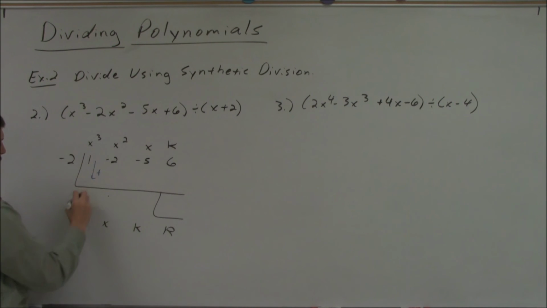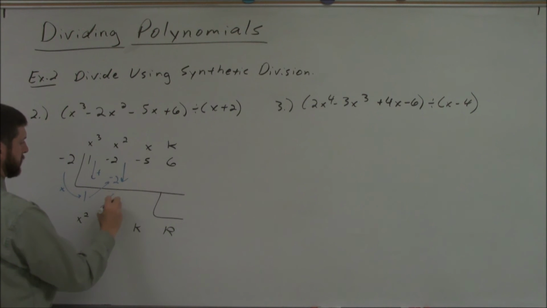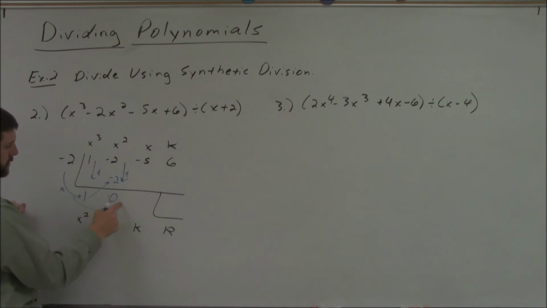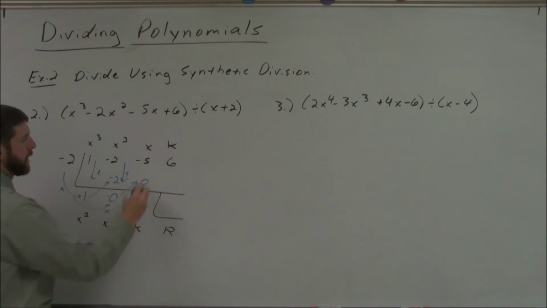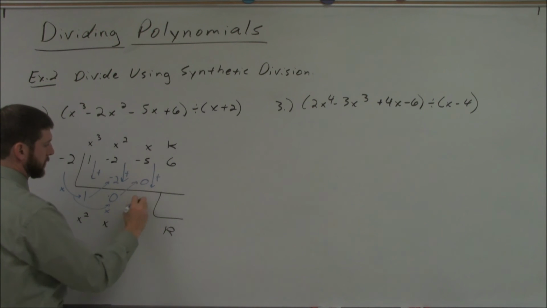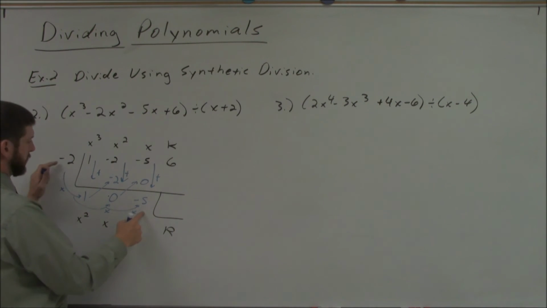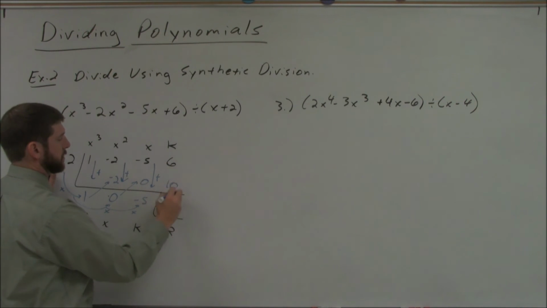Add the columns, get 1, multiply by the front, get negative 2. Negative 2 times 1 is negative 2. Add my column, get 0, multiply by the front, negative 2 times 0 is 0. Add my column, get negative 5, multiply by the front, negative 2 times negative 5 is 10.